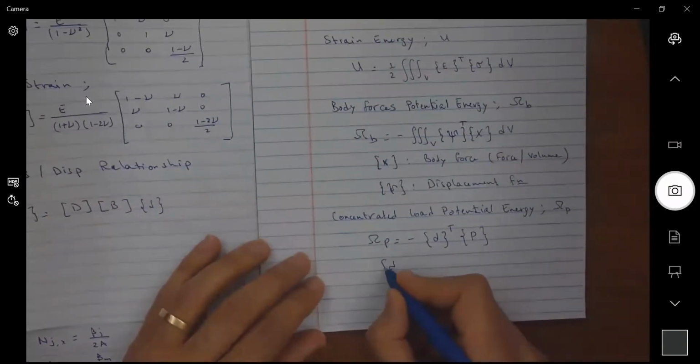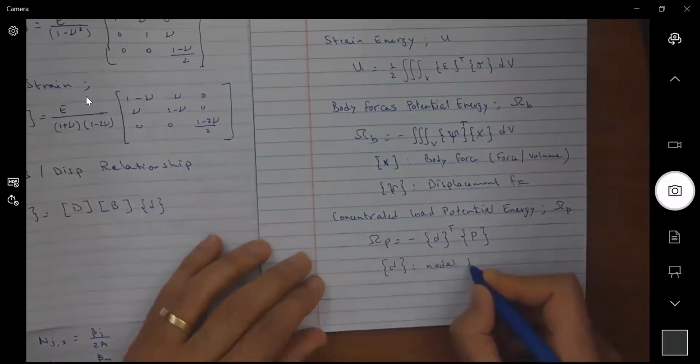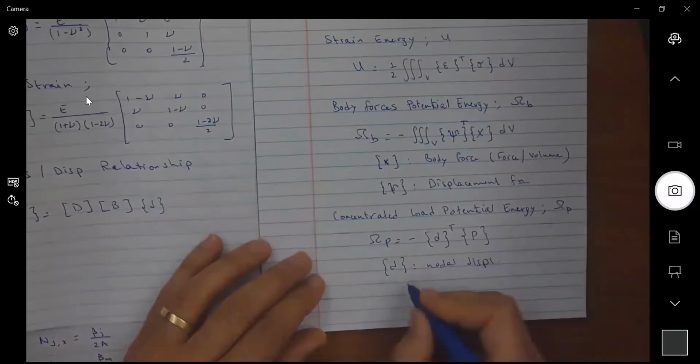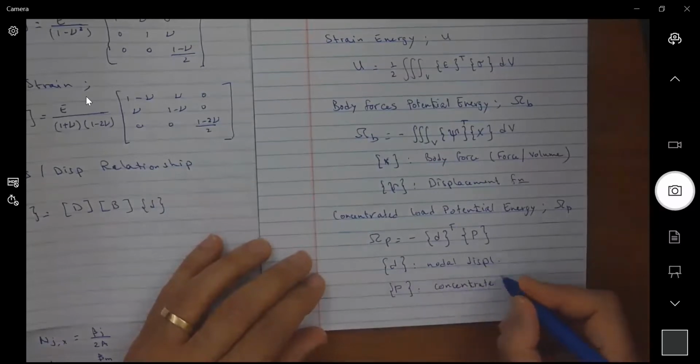So D is the nodal displacements, and P are the concentrated nodal loads.